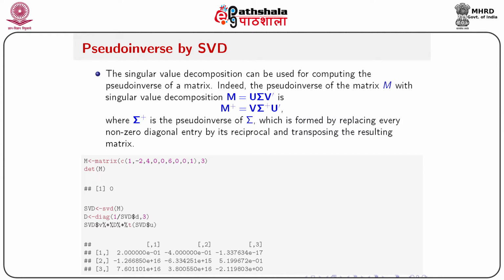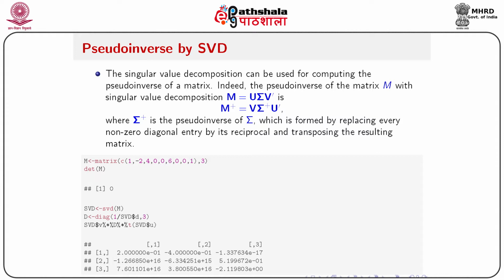Suppose M is a matrix of 1, minus 2, 4, 0, 0, 6, 0, 0, 1, 3. Then you can see the determinant of this 3 by 3 matrix is actually 0. So you cannot get the normal inverse of the matrix as the determinant is 0. It is a singular matrix.